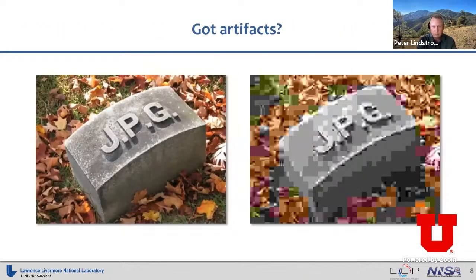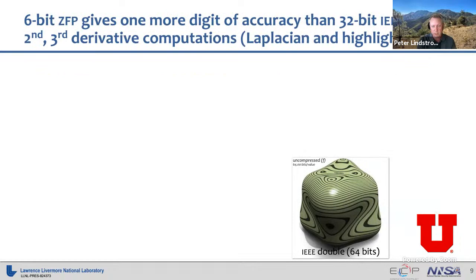All right, so since ZFP is based on a block decomposition, it's natural to ask, do we actually have artifacts from that, as are pretty common in JPEG image compression, for instance, if you compress too aggressively. So one way that you would expect these artifacts to manifest themselves is if you compute, for instance, spatial derivatives on, say, a 2-dimensional domain.